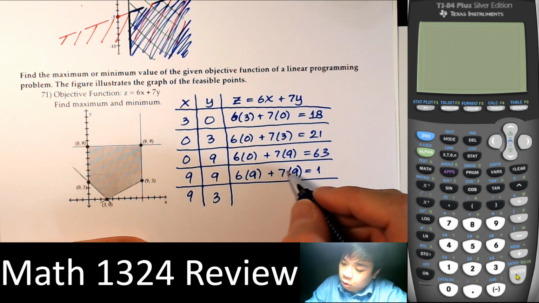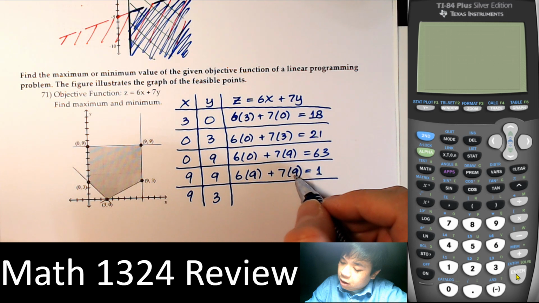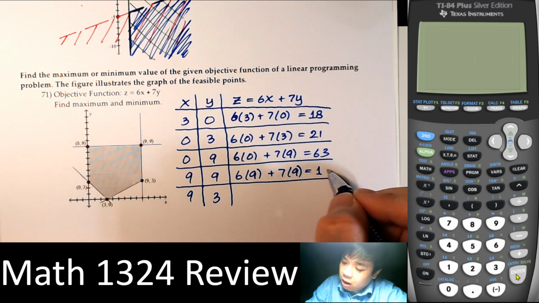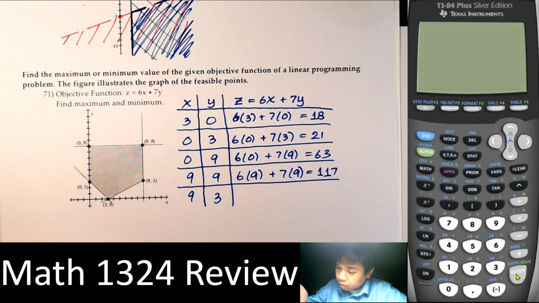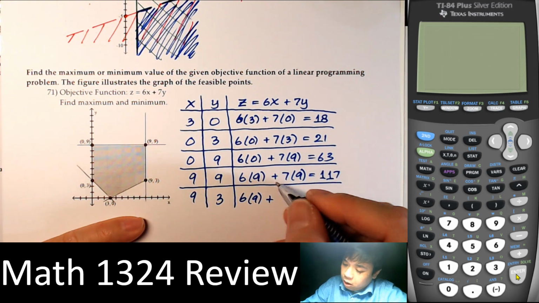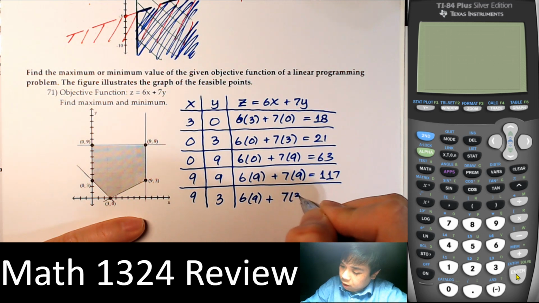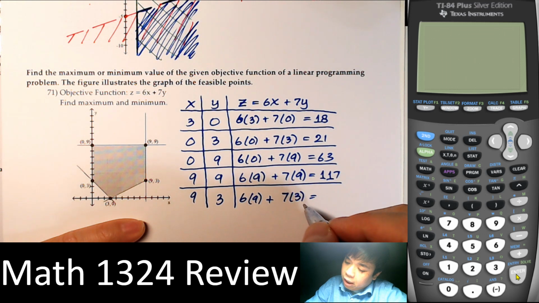Like 13 times 9, 117. And then 6 times 9, plus 7 times 3, 54 and 21.